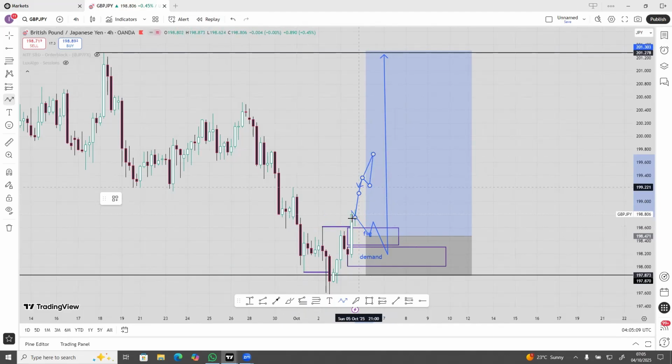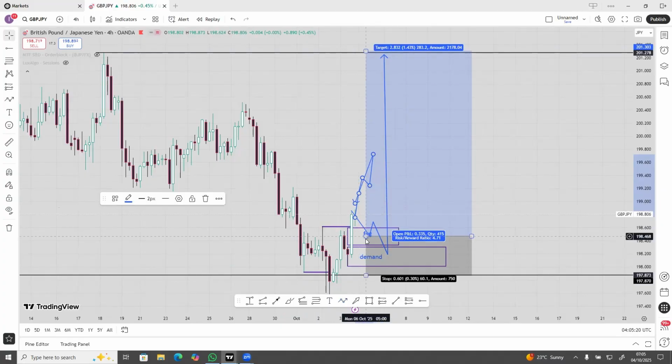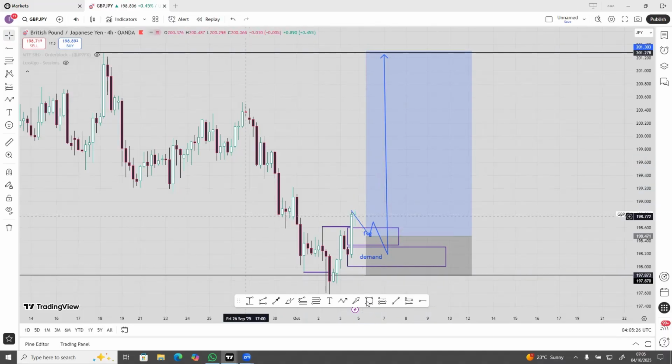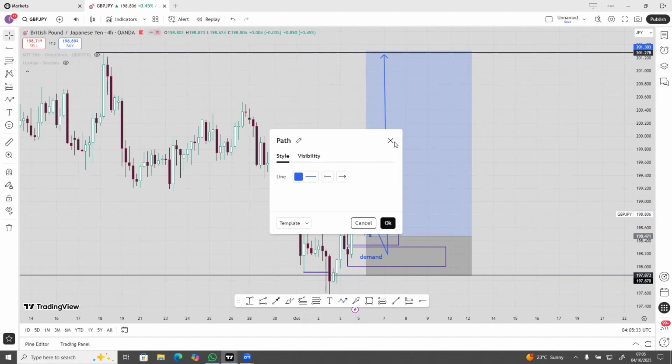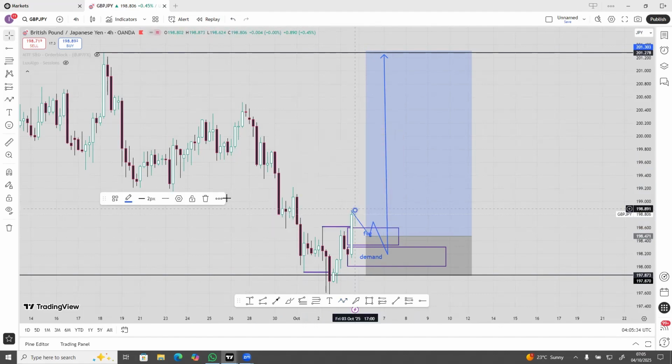So if you have a large capital, immediately after market open, as long as candlestick goes above, we have market shift here. You can enter this market, and then stops will be below that demand to hold the price. Even if it may retrace back, you will be in the trade.